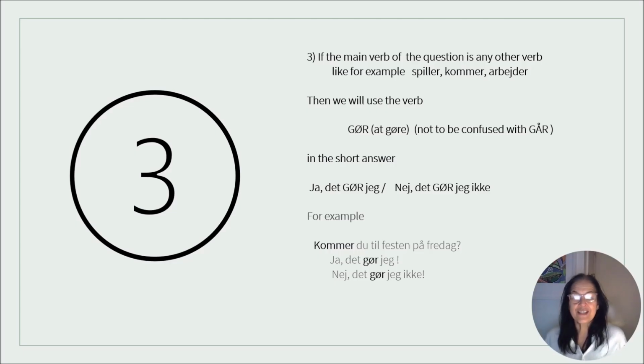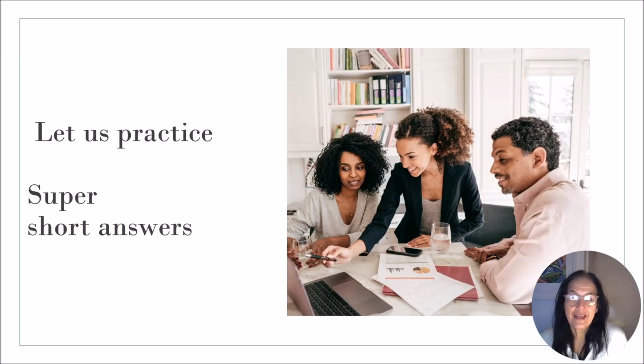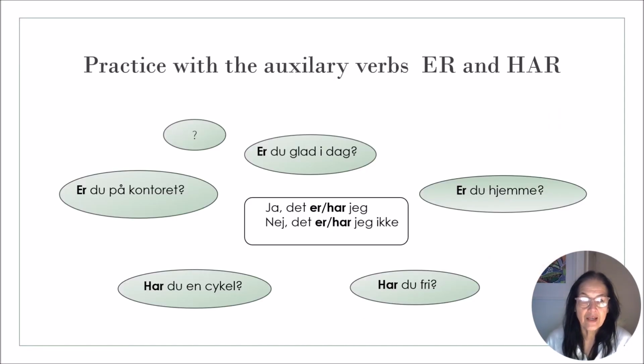Okay, so let us now practice these super short answers together. And we will start with the auxiliary verbs er og har. And let us answer yes to all the questions first, but super short.